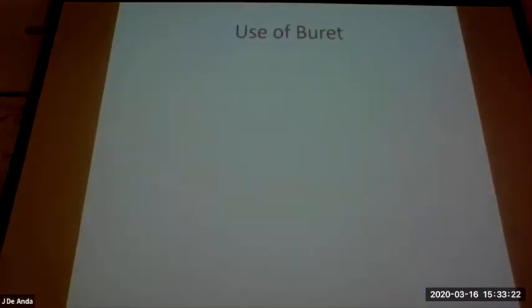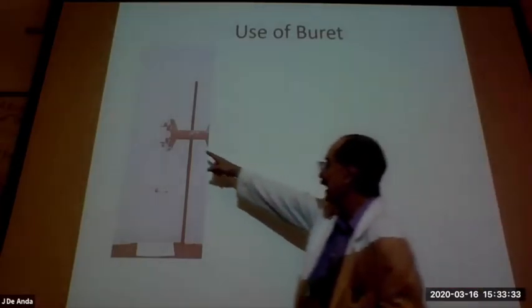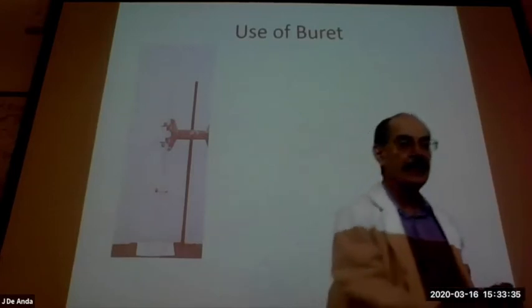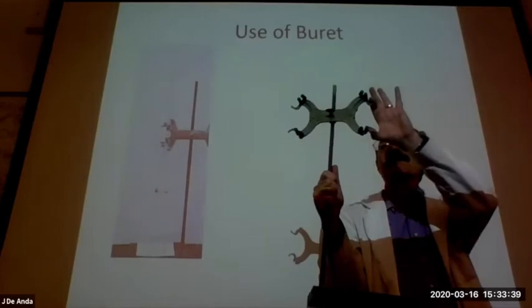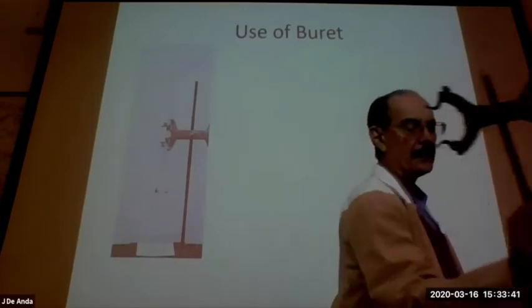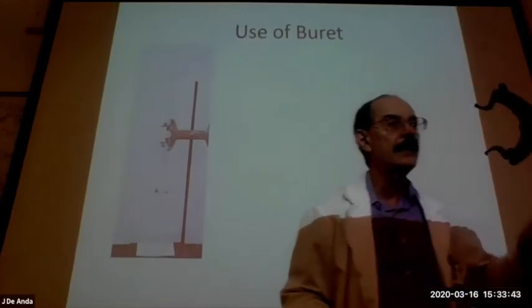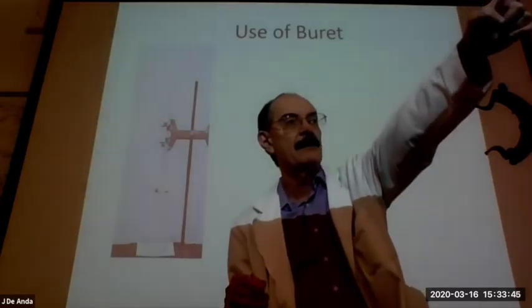Okay, as you can see, you're going to mount the burette on a ring stand, and the ring stand is going to have a special kind of clamp called a burette clamp, and I have a sample of it here. Notice that it's a pressure clamp. These clamps are located at the end of this table in a box.